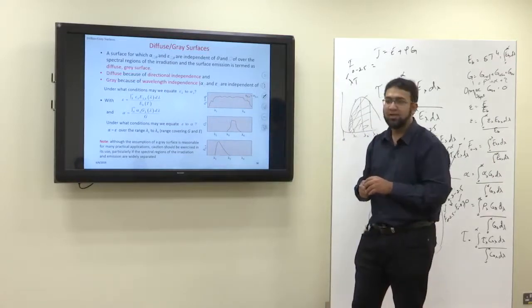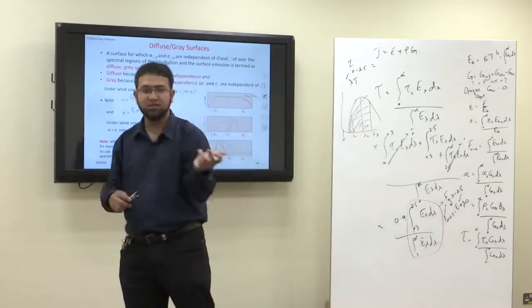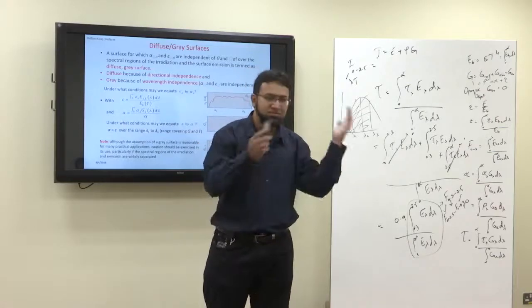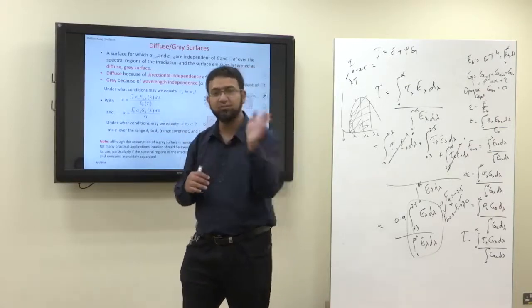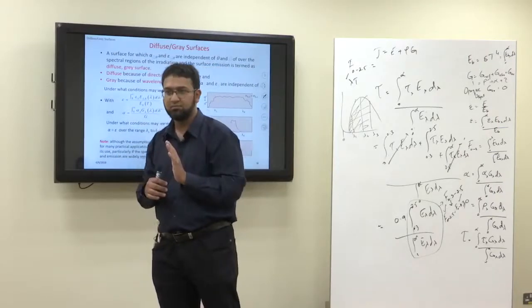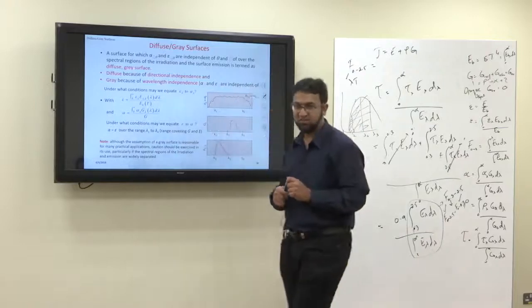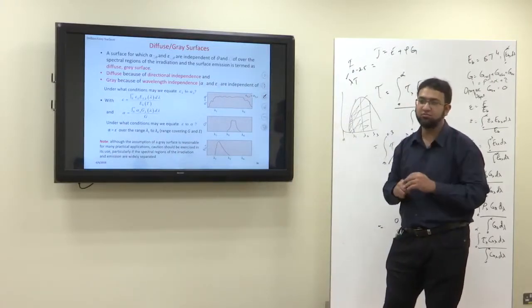So the surface has emissivity, absorptivity, transmissivity, all these parameters. But if these parameters are not a function of wavelength, then that is a gray surface. Is it clear? This is an engineering terminology for the gray surface.